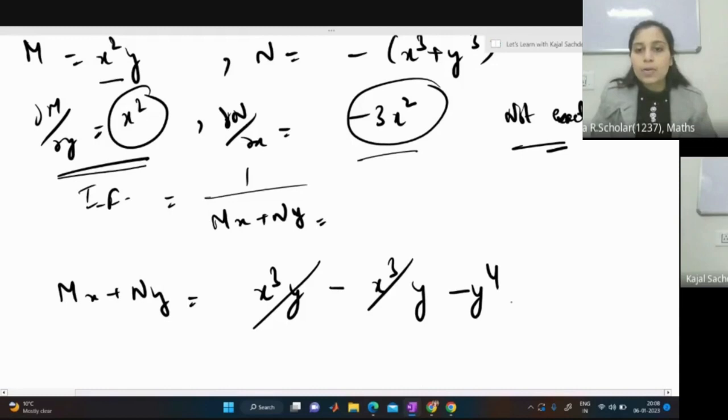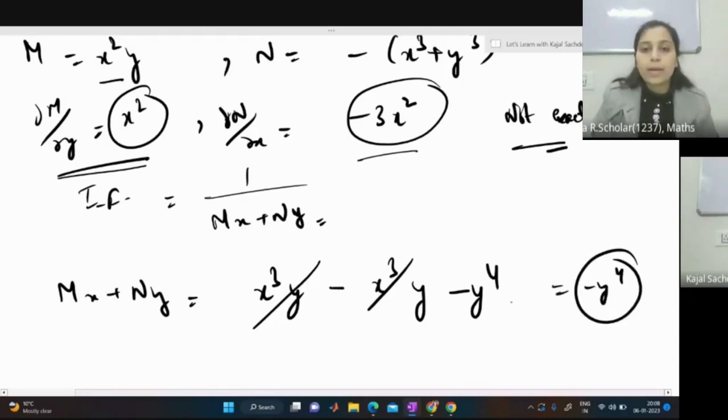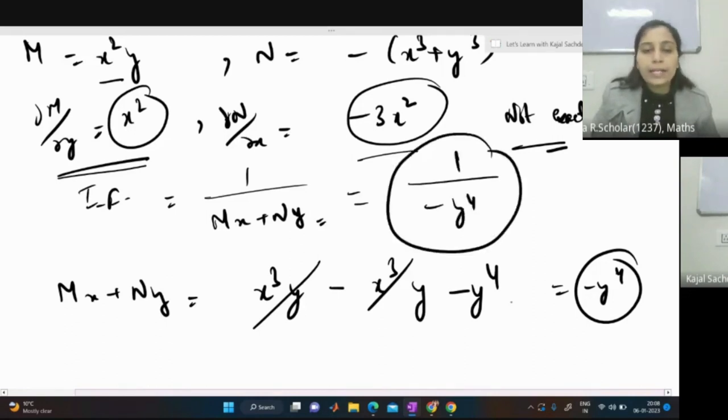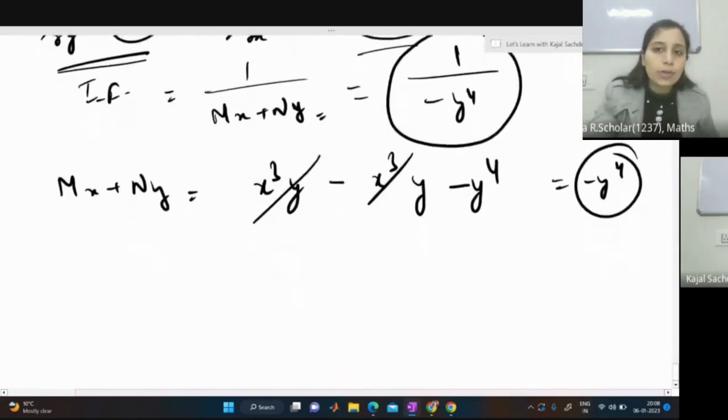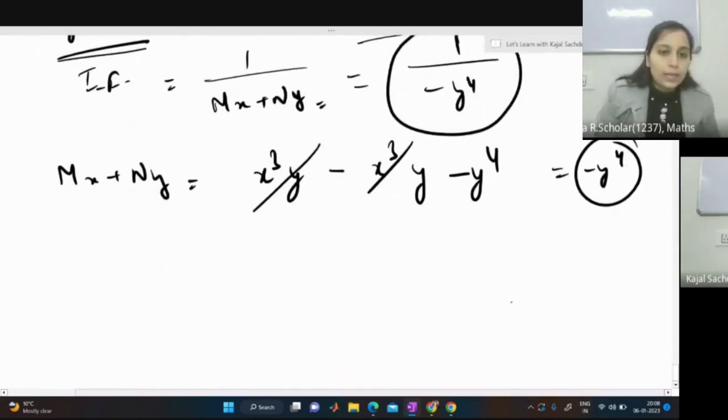This will cancel out and we get the integrating factor as 1 upon −y⁴. So this is the required integrating factor in this situation: −1 upon y raised to power 4. So multiplying the given equation by this and then solving, we get the required answer.